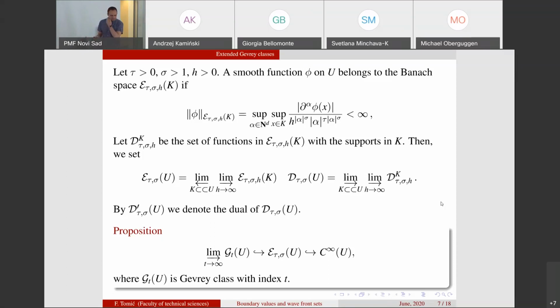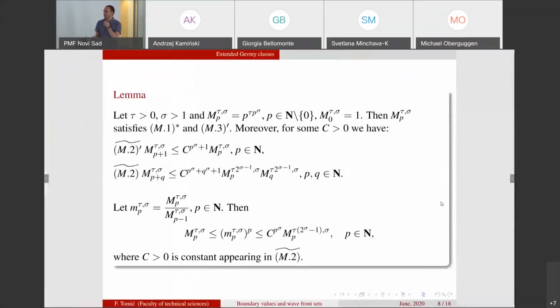But what was the main obstacle when it comes to boundary values? Well, it's actually these properties which are not fulfilled.